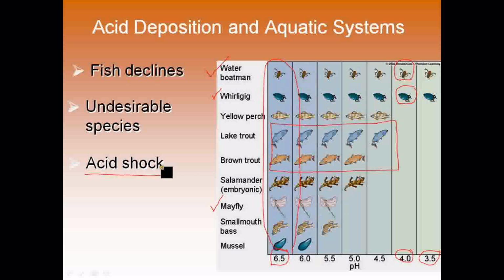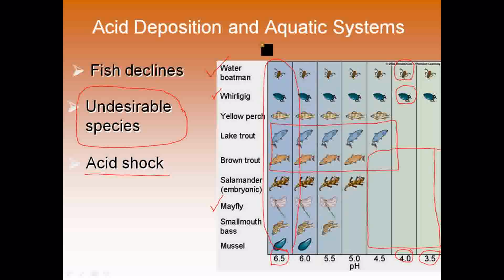And of course, because there's a gap in the ecosystem, all sorts of organisms aren't living in that lake anymore. You have the potential for exotic species to take advantage of that situation, species that can tolerate a little bit of a pH change, and they end up taking over in the ecosystem.